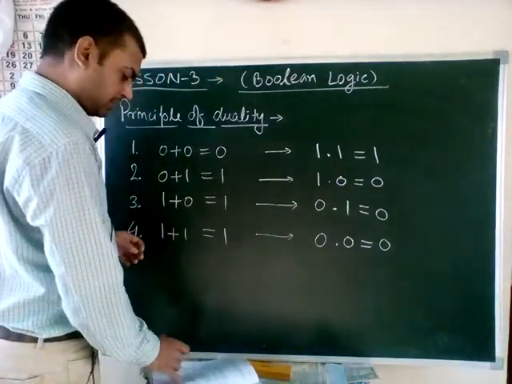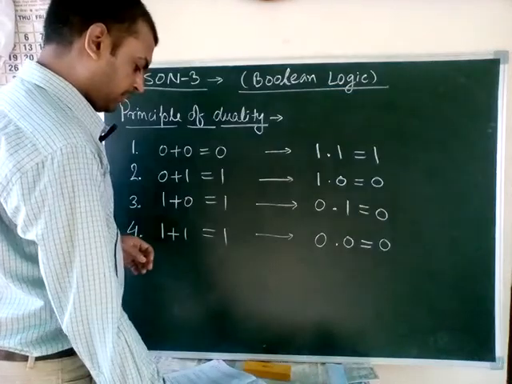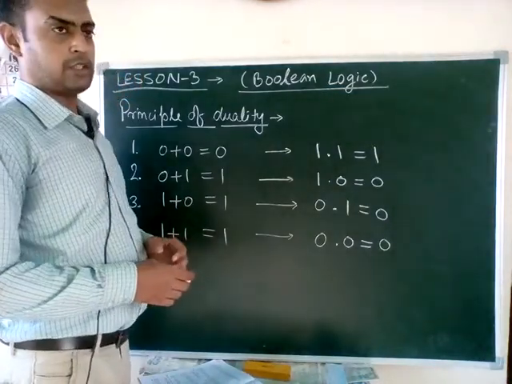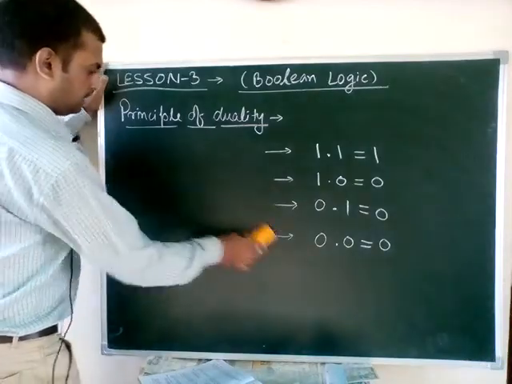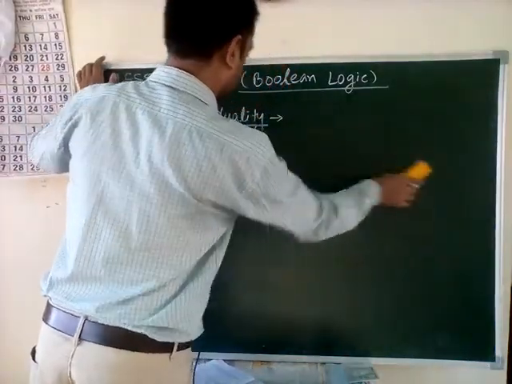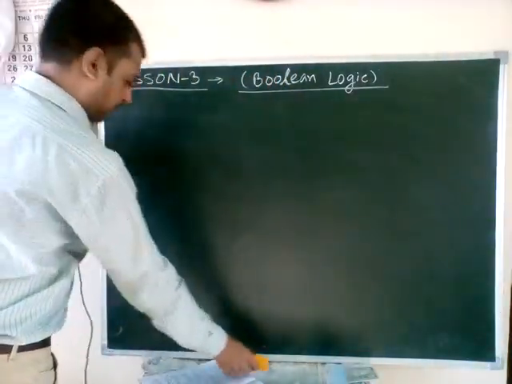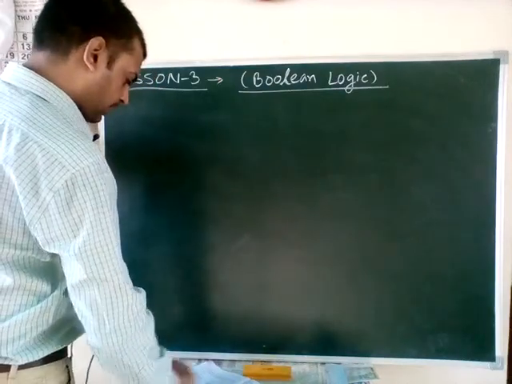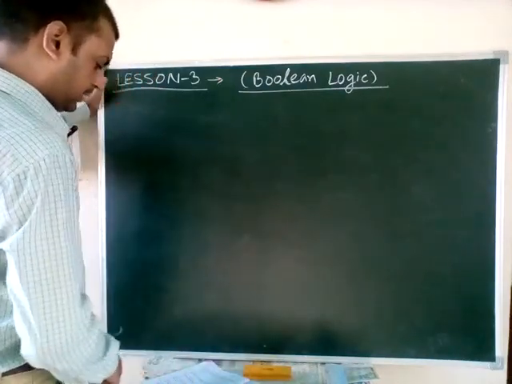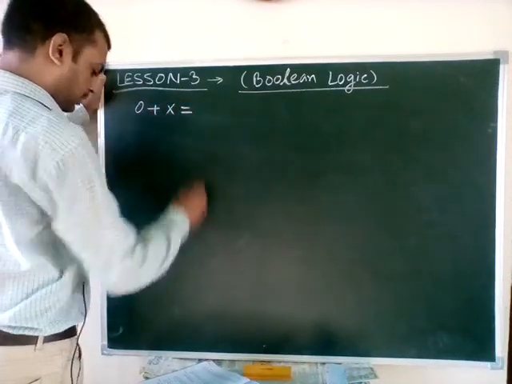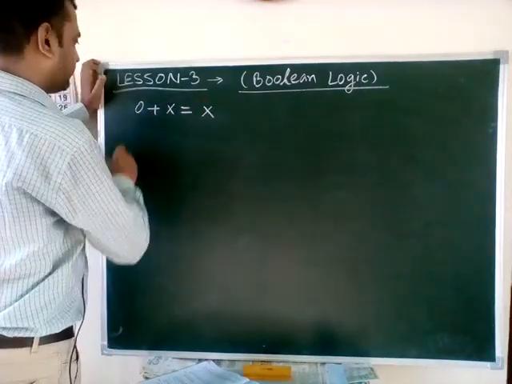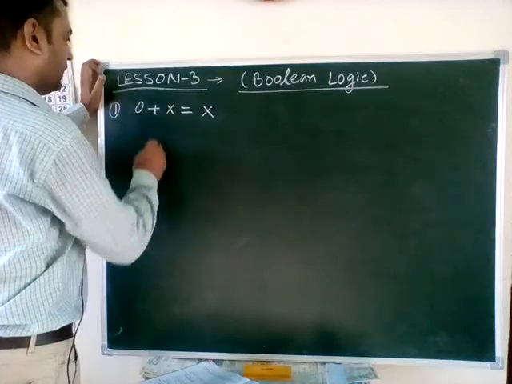Now with the help of this duality principle, we have to prove certain theorems, and these theorems are like this. First is the property of 0, means 0 plus x is equal to x, number 1.